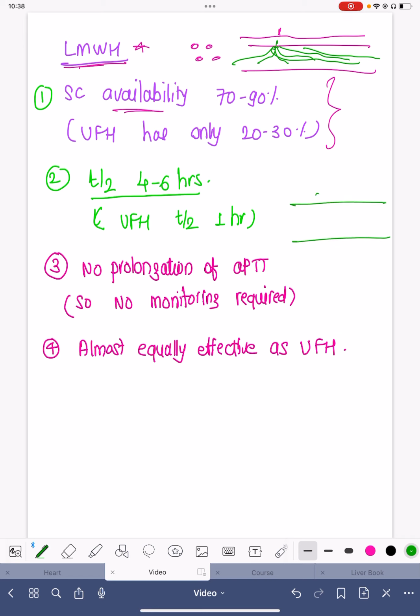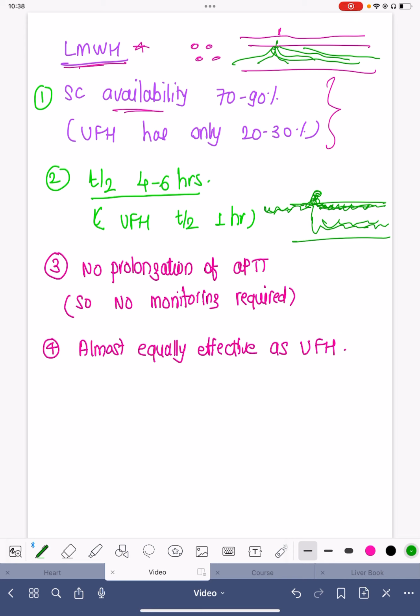Whereas in heparin, the size is much larger, so as soon as it enters the blood vessel, it gets accumulated first nearby over the endothelium, and as we keep on giving heparin again and again, the later doses of heparin enter into the circulation.